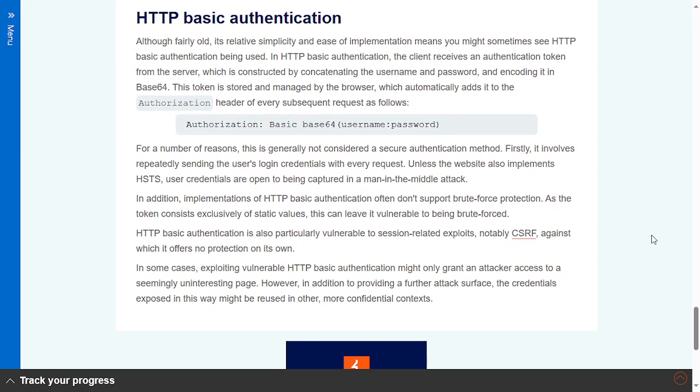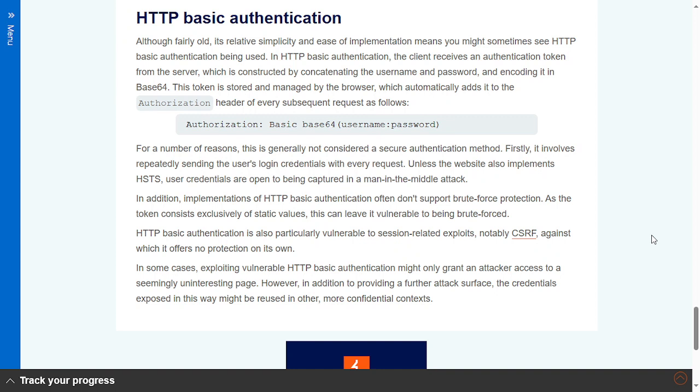HTTP Basic Authentication. Although fairly old, its relative simplicity and ease of implementation means you might sometimes see HTTP Basic Authentication being used. In HTTP Basic Authentication, the client receives an authentication token from the server, which is constructed by concatenating the username and password and encoding it in base64.